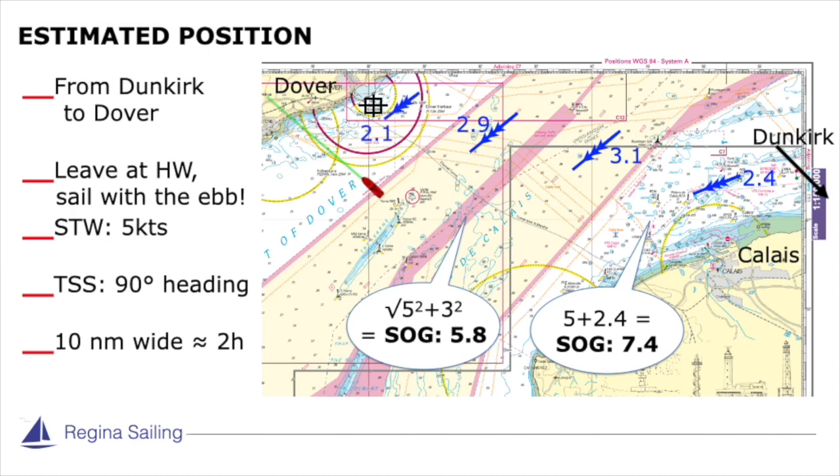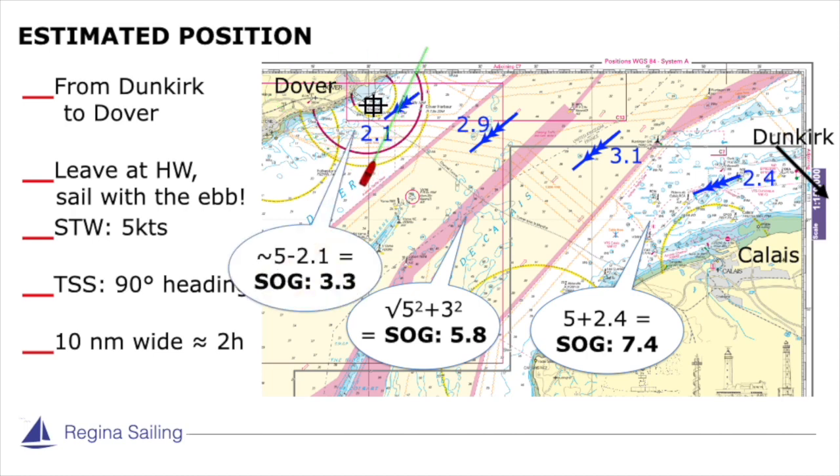And now the current is 2.1 knots, because you're now closer to land, it's a bit less. Now you have to work against it. So if you have 5 knots through water and 2.1 against you, that's about 3.3 knots over ground only, that you do here sideways. So it takes a long time to get to Dover.